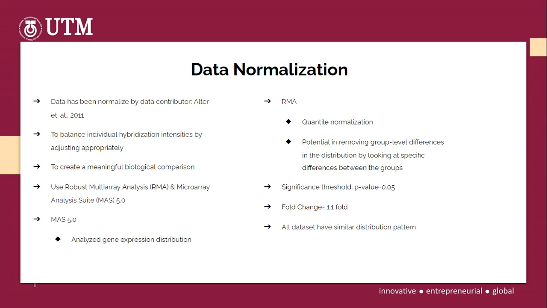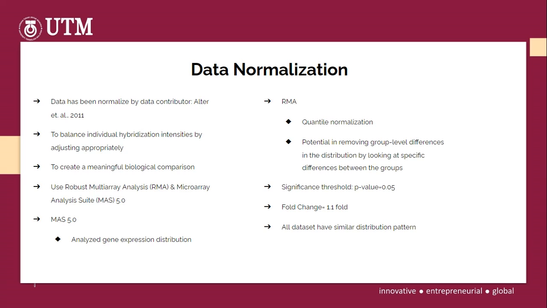The methods that were used for data normalization were Robust Multi-Array Analysis, RMA, and also Microarray Analysis Suite, MAS 5.0. MAS 5.0 is used to analyze the gene expression distribution, while RMA is used for quantile normalization, and it has the potential of removing group-level differences in the distribution by looking at specific differences between the groups.